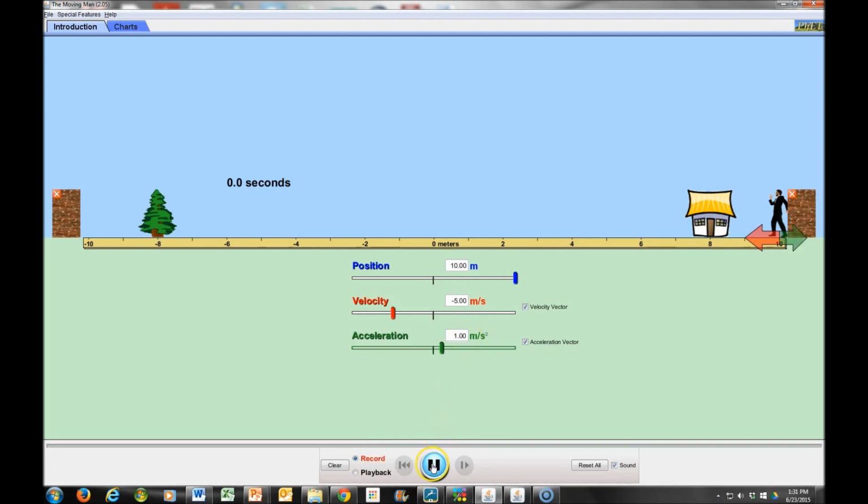And I'm just going to keep this running instead of stopping it. So notice the acceleration is +1 the whole time. And his velocity is clearly changing here. So in this case, since we started at a negative velocity to the left, the positive acceleration is causing him to slow down.